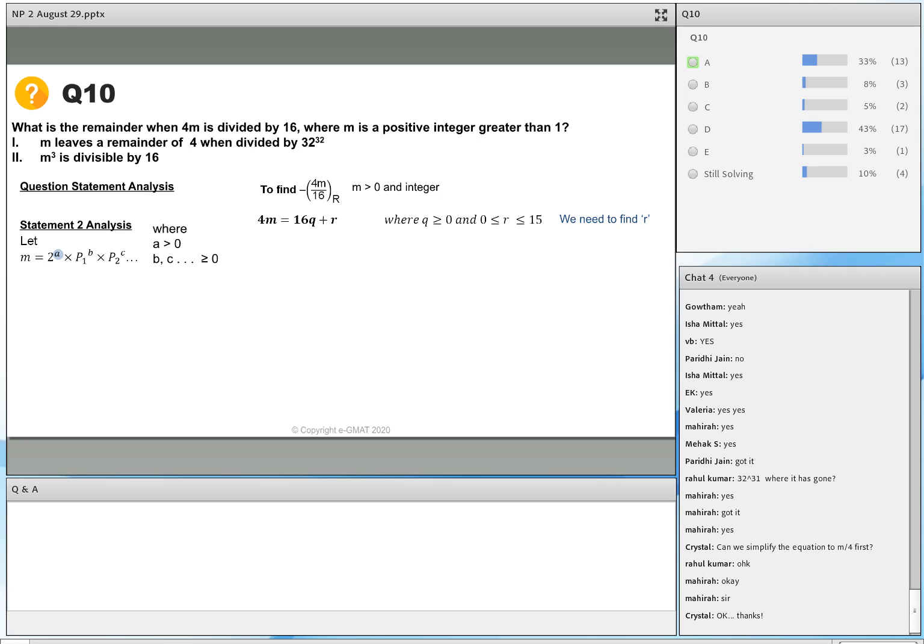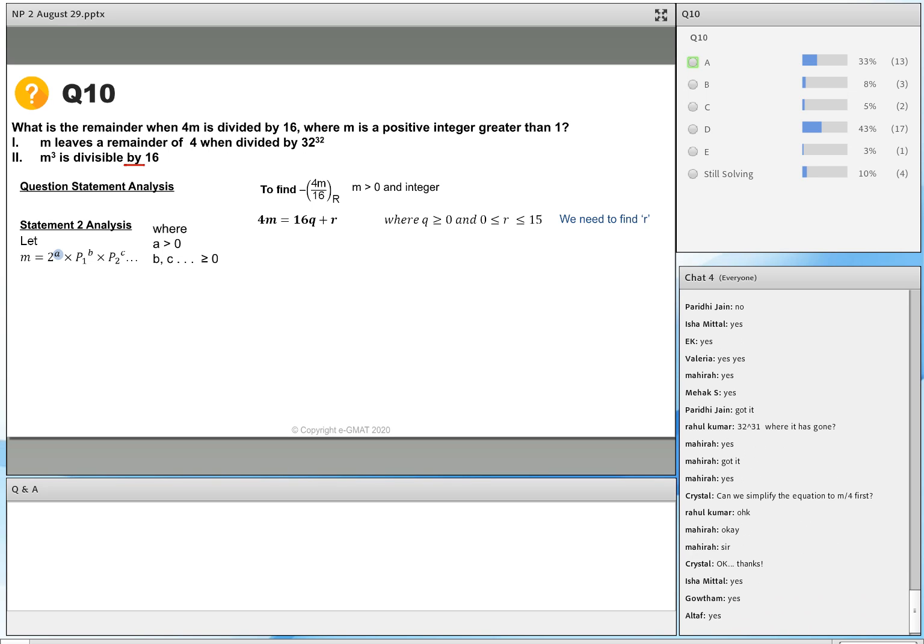Okay. So with that, the second statement: m to the power 3 is divisible by 16. If m to the power 3 is divisible by 16, then 16 is inside m cube, or m cube contains 16, yes or no?